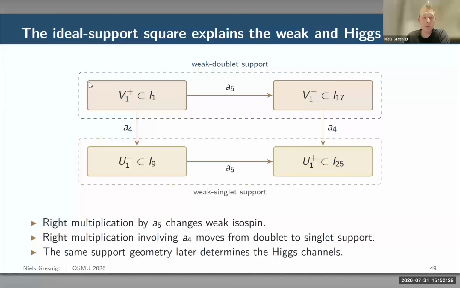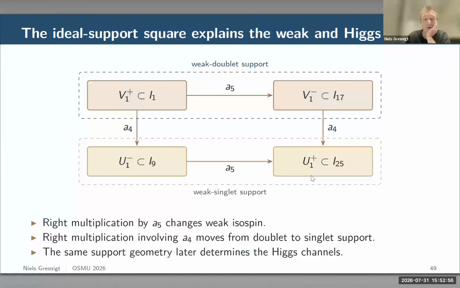So from before, we found that if we take the isospin up states in the first generation, that's this V1 plus, and then we multiply on the left by A5, then we get the isospin down states. And likewise, we can multiply the first singlet state by A5, and that gives the other singlet state as well, or the other singlet subspace.